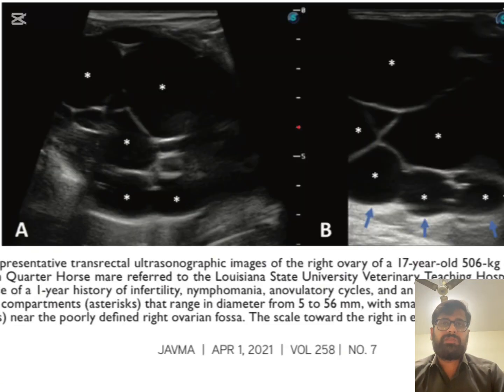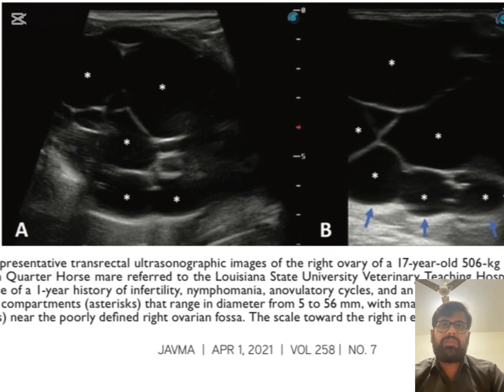This figure shows a transrectal ultrasonographic image of the right ovary from the 17-year-old mare. In this case, as we can see, the ovary contains multiple cystic compartments ranging from about 5 to 56 mm in diameter. The blue arrow indicates smaller cystic structures between 3 and 15 mm located near the poorly defined right ovarian fossa.